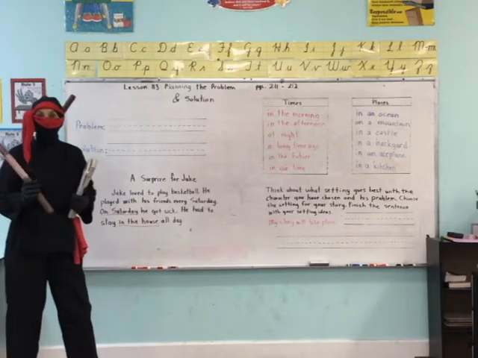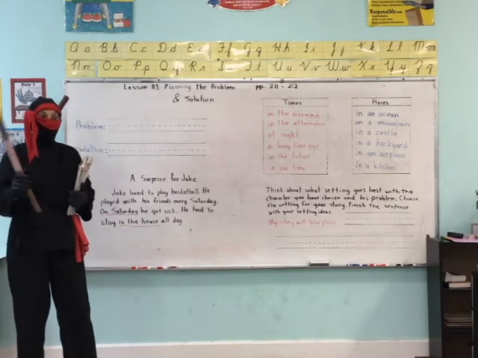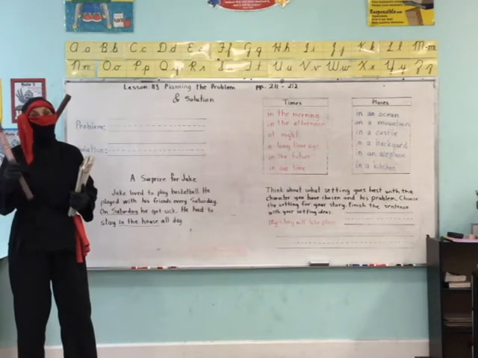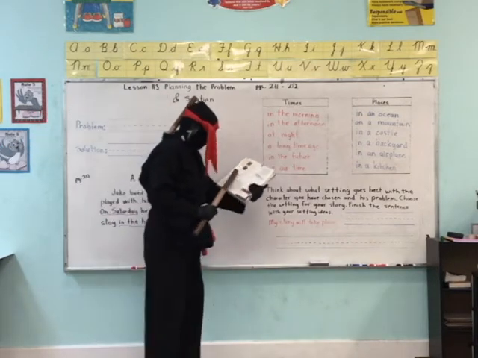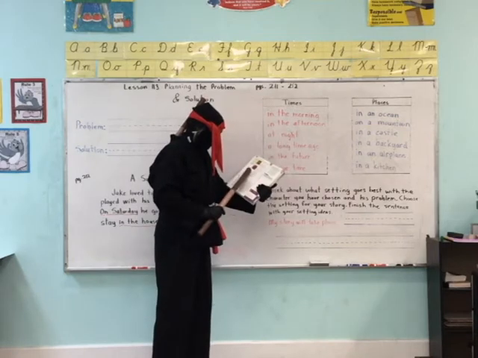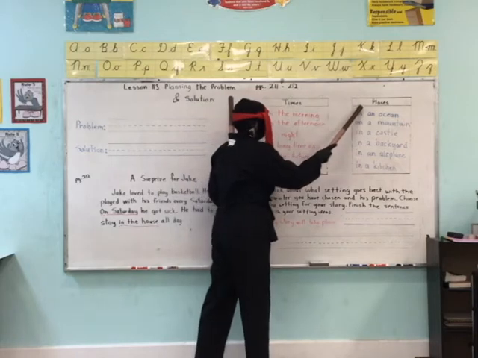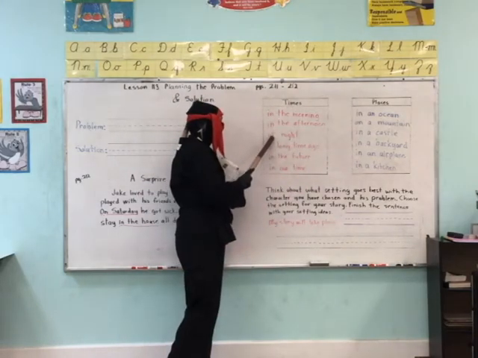When you're writing, let the people know where they're going to be. Right away in the very beginning, you want them to know where this story takes place so they can start imagining it. Okay, now, down here it talks about some ideas for the time and the place. Was it in the morning, the afternoon, at night?